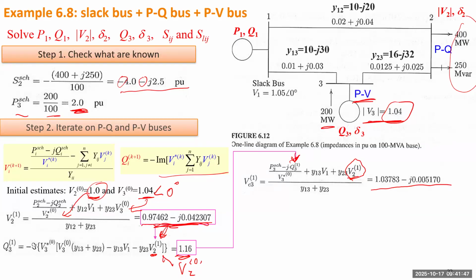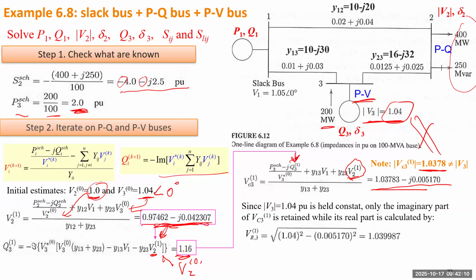We cannot just use this value as the whole phasor for bus 3 because it may change the absolute value. If you check the absolute value, it is 1.0378. It's different from the magnitude we were given for bus 3. So here we only take the imaginary part, and for the real part, we calculate it from the magnitude.